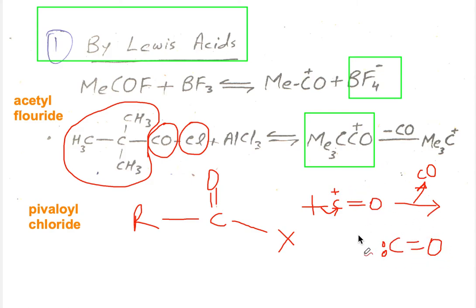So this is a pollutant in our environment. So this will in the end lead to the formation of the tertiary butyl carbocation, which is stable as compared to its parent ion, the pivaloyl cation.